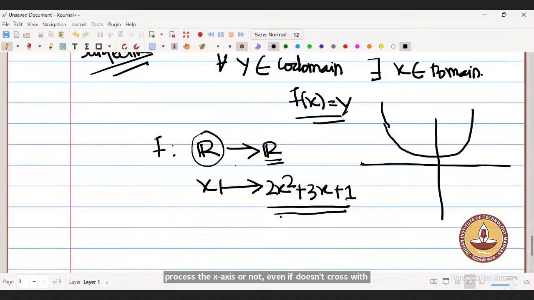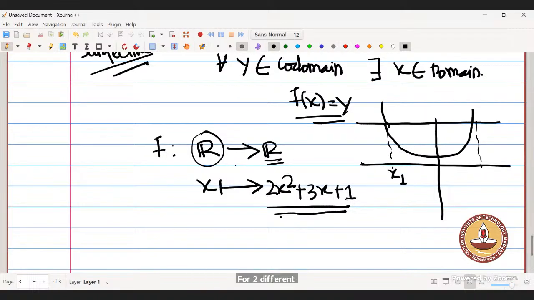As you can see, if you apply the horizontal line test, you have two different inputs with the same output, right? So this is not one-one, right?